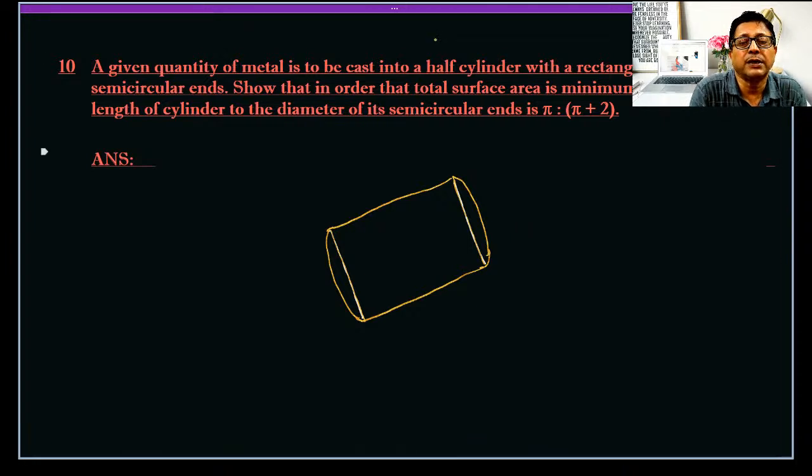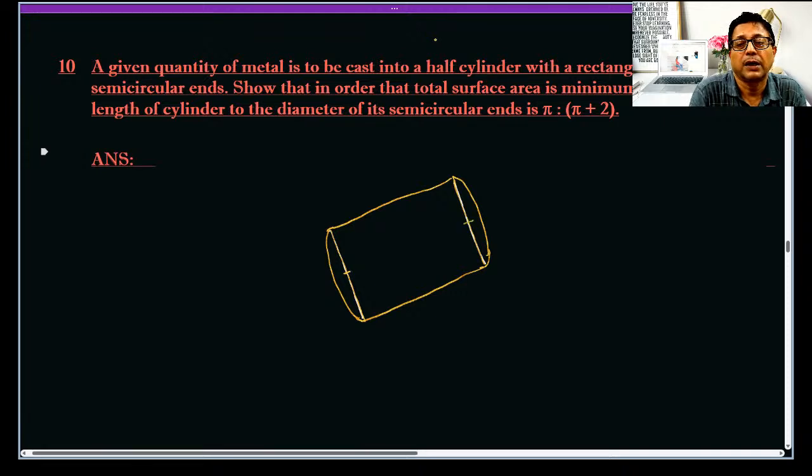Now for this half cylinder, let the radius be R and the length, or height of the cylinder, be h.